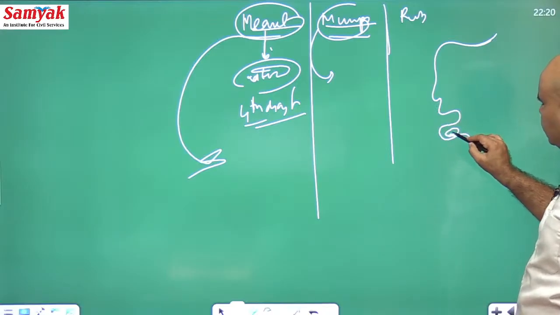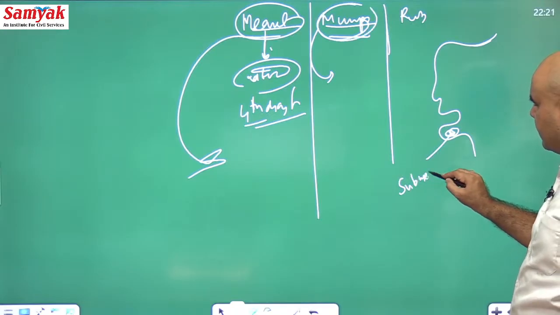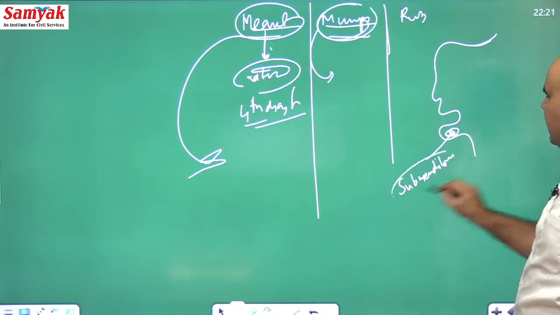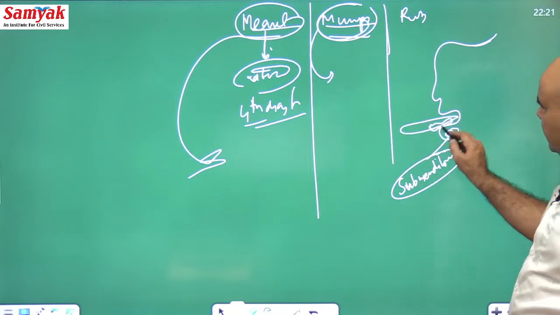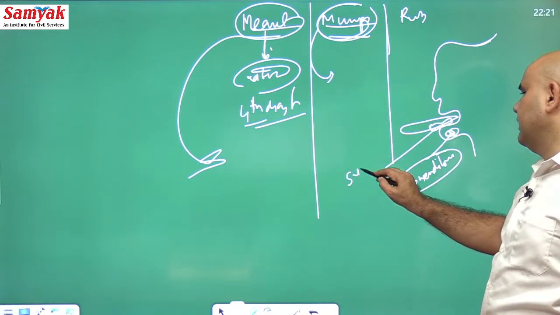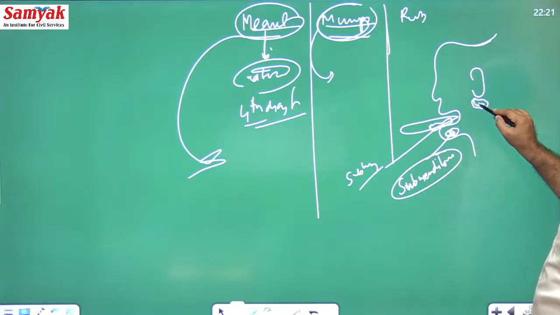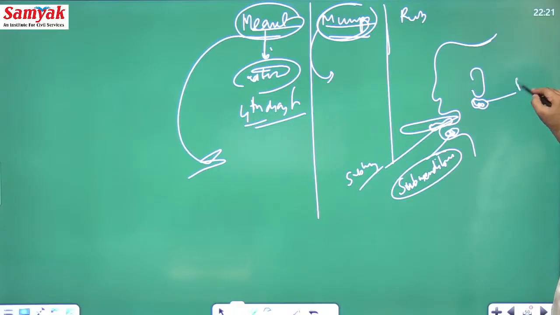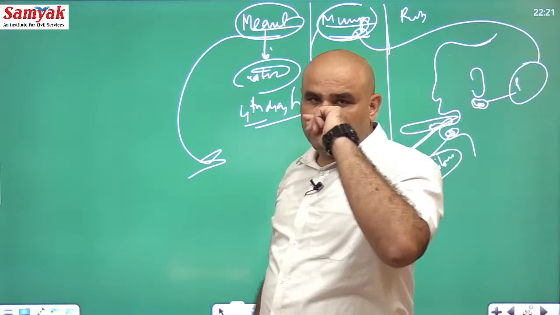One is here, named the submandibular gland. One is under your tongue, named the sublingual gland. And one pair of glands is under your ear, named the parotid gland. So the parotid gland is affected in case of mumps.